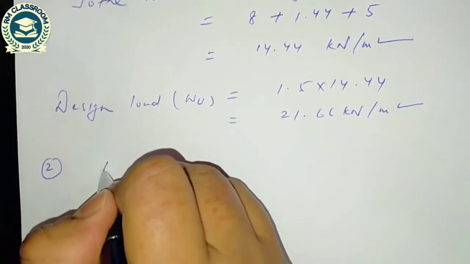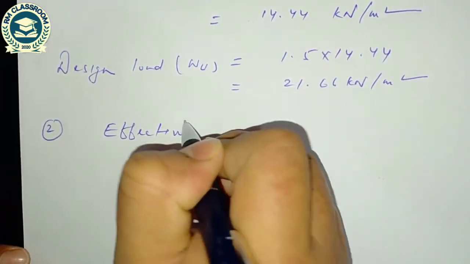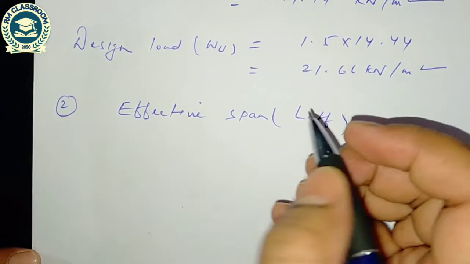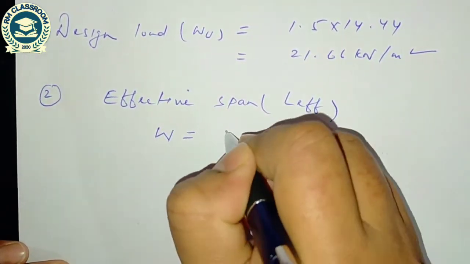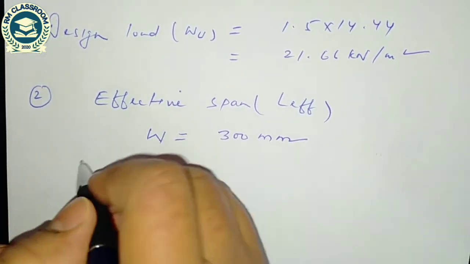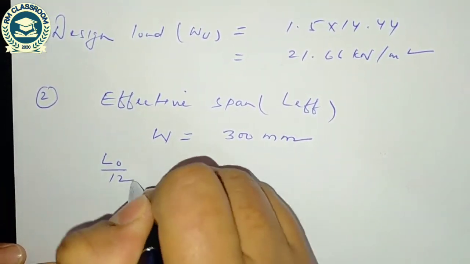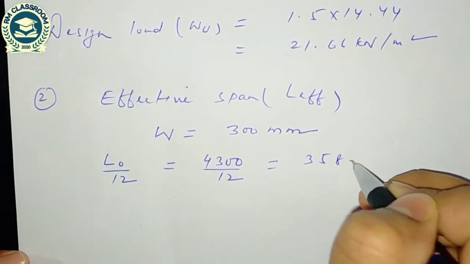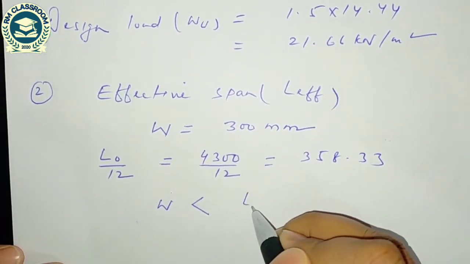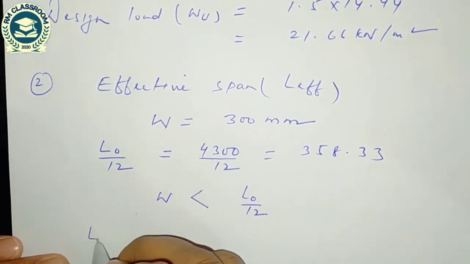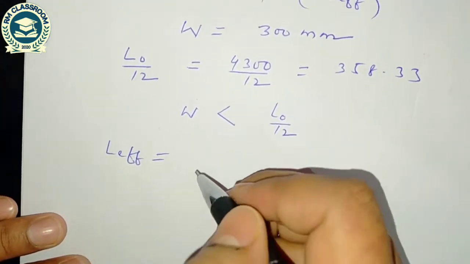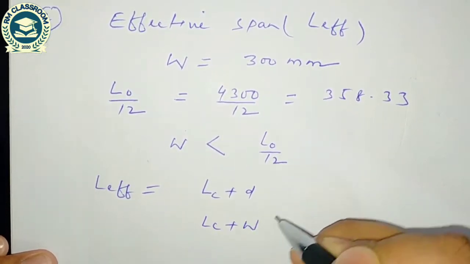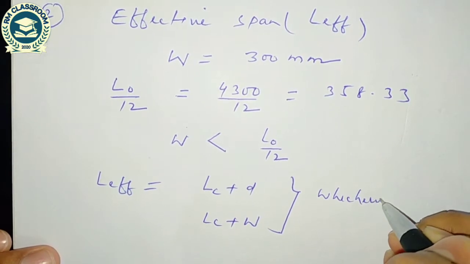Second thing, we have to compute the effective span. Since it is given continuous beam and width of support is given 300 mm, firstly I have to compute L0 by 12. So it is coming 4300 by 12, so 358.33. So width of support is less than L0 by 12, so effective span is the same as the simply supported, that is L0 plus d or L0 plus w, whichever is less.